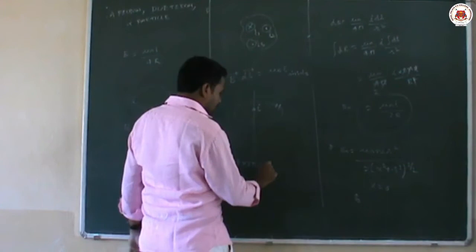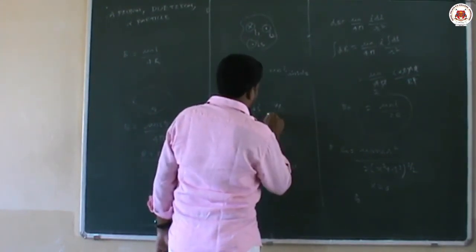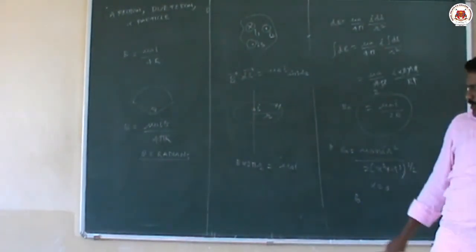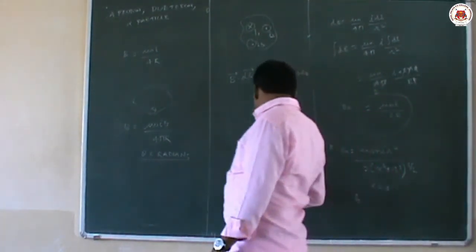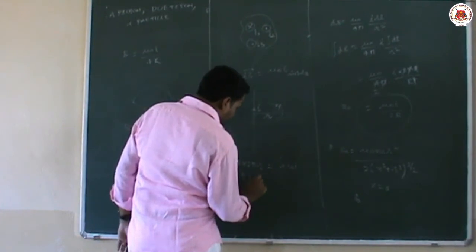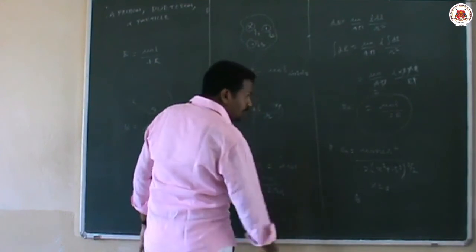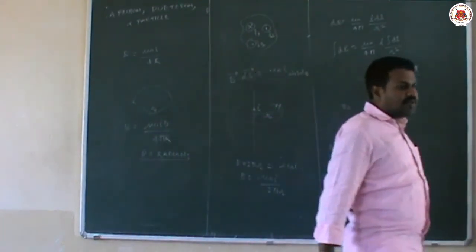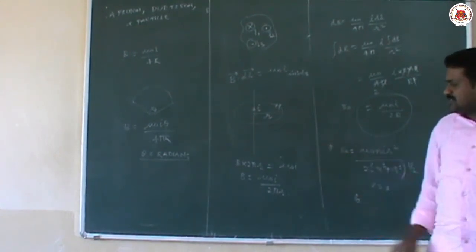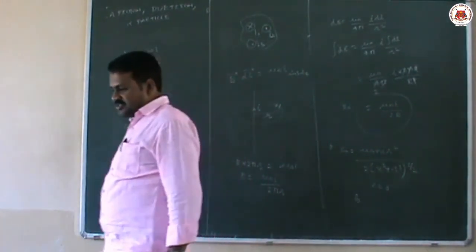B into 2 pi r is equal to mu naught I, so B is equal to mu naught I by 2 pi r. Therefore, the magnetic field due to an infinitely long wire at a distance r is mu naught I by 2 pi r, where r is the distance.